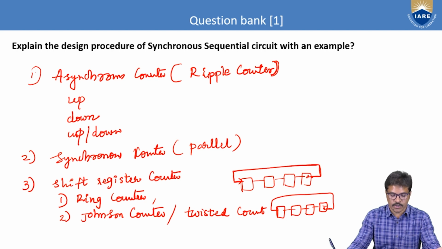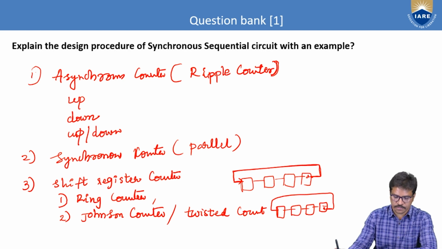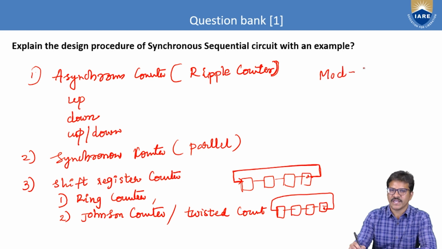They may also ask to explain the operation of a ring counter, Johnson counter, or some synchronous or asynchronous counters, so that we can create any counters. One more example is the modulus counter, like mod counters, based on the states required.